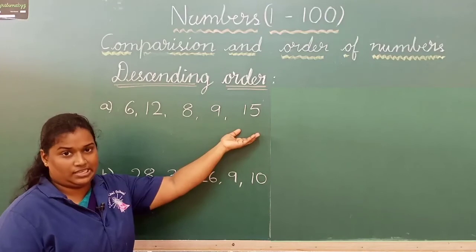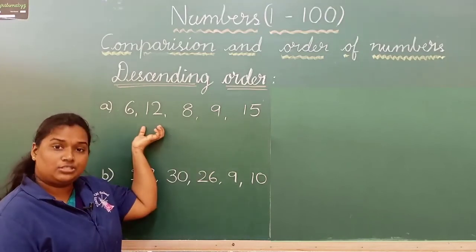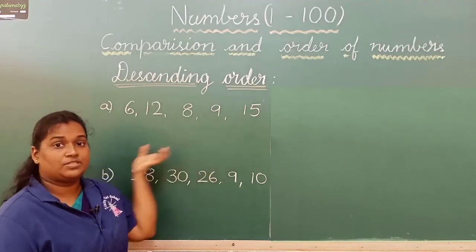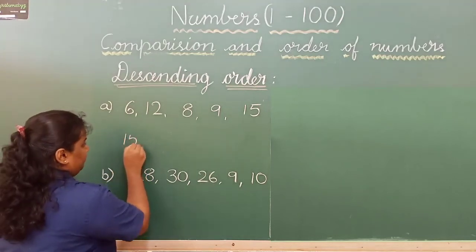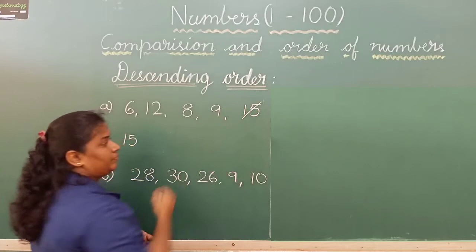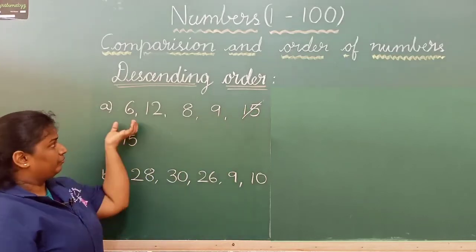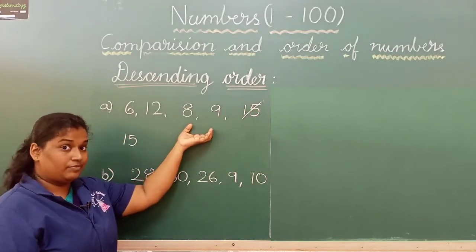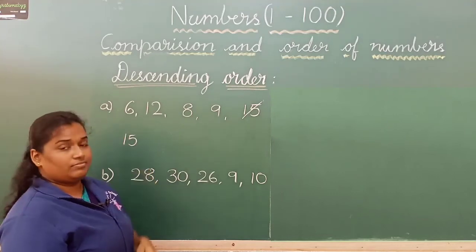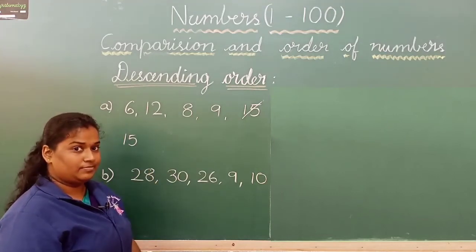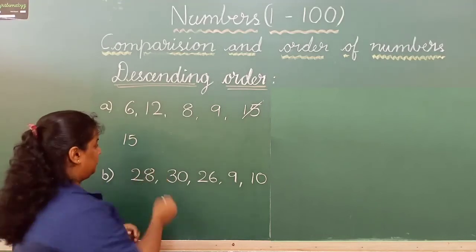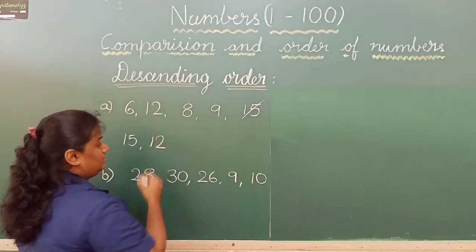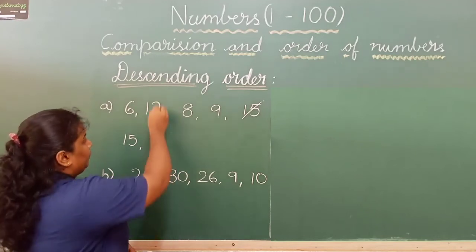Yes, 15 is greater than 12. So 15 comes first in the descending order. Now, among the given numbers, which is the next greater number? Exactly, 12 is the next greater number which we have to write in the descending order.